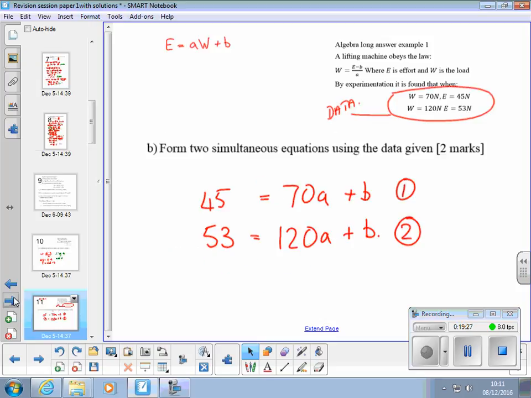Second part, form 2 simultaneous equations using that formula. So I've written it up the top there, using the data. First one, substitute 70 for W and 45 for E. And the second equation, 120 for W and 53 for E, 2 marks.